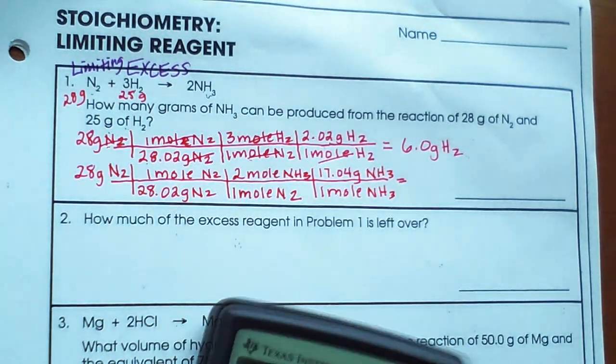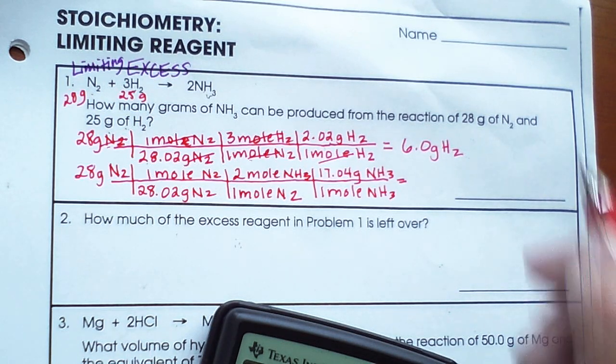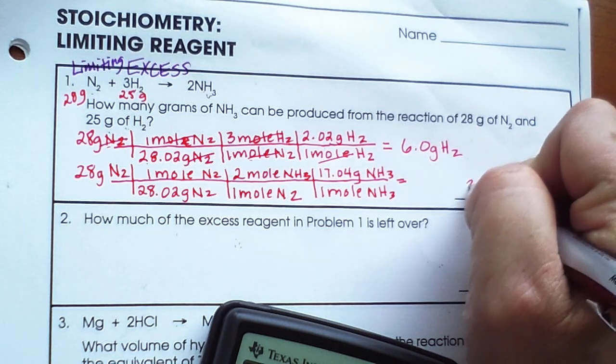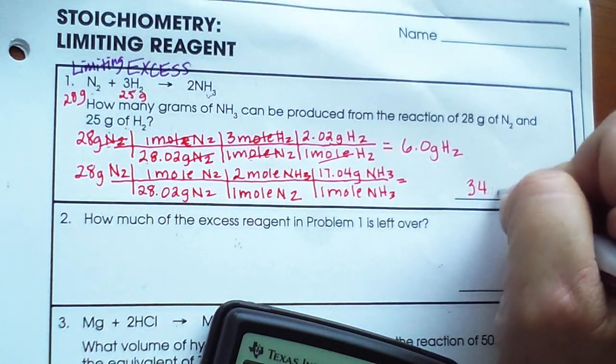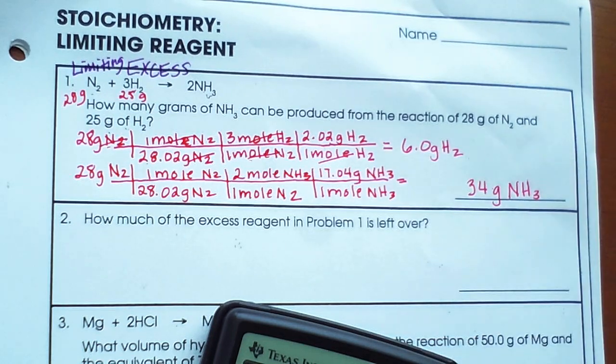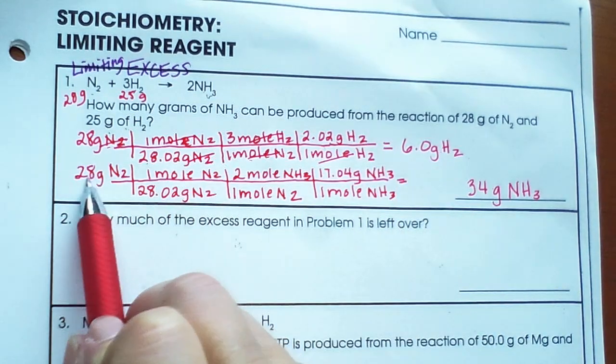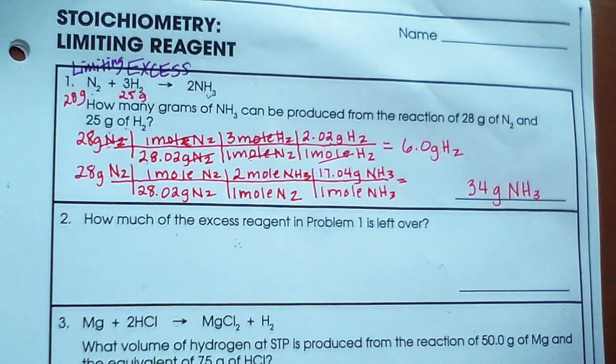Now, when I run this, I get 28 times 2 times 17.04 divided by 28.02 equals 34. So I get 34, 2 sig figs, grams of ammonia. And that's how many grams of ammonia I can make with excess hydrogen and 28 grams of nitrogen.